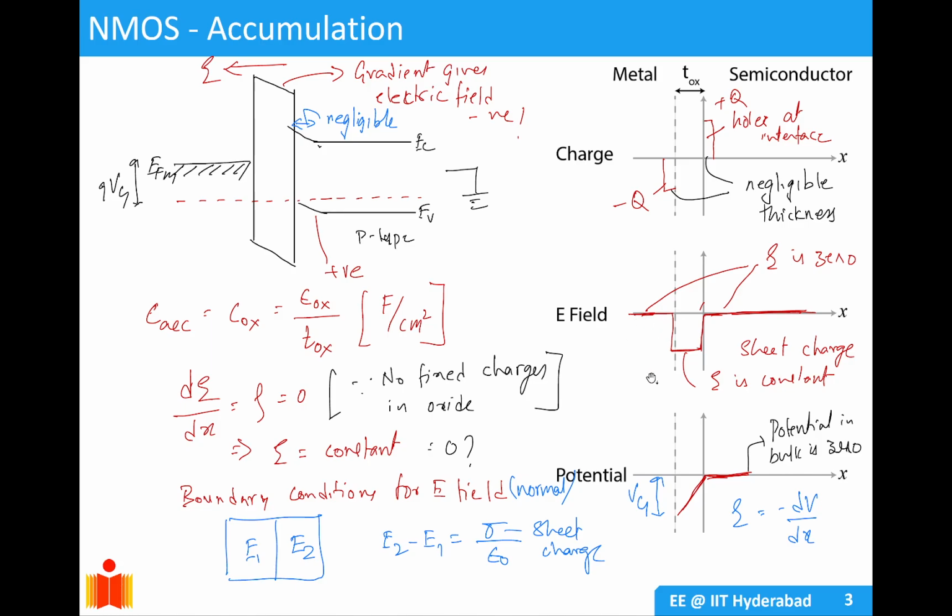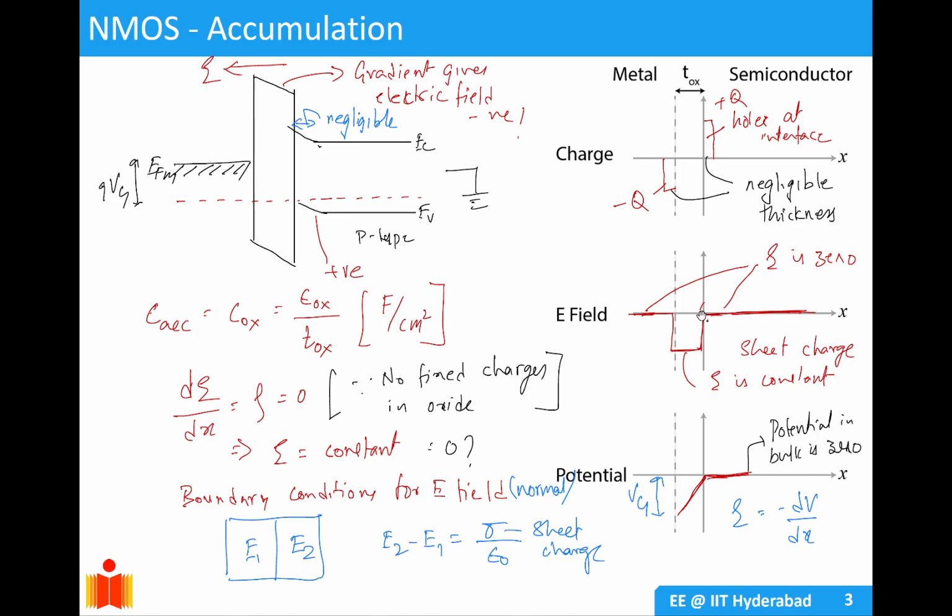Now from the electric field you can calculate the potential. Potential is the negative of the integration of the electric field. It starts at zero, then it encounters a constant electric field, and when you integrate a constant you get a straight line.